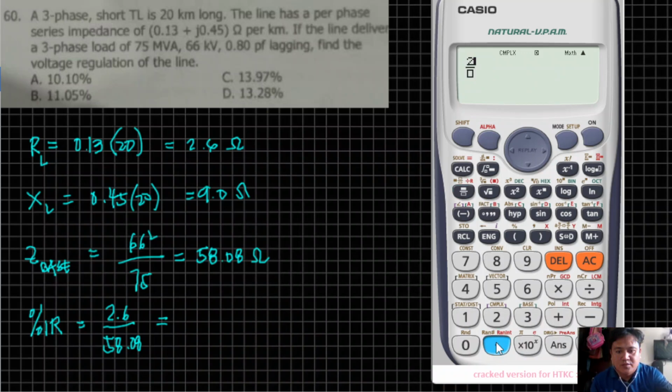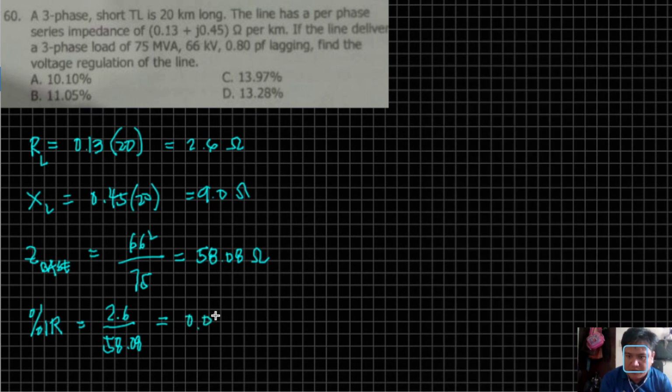So 2.6 over 58.08. So, lagay natin yan sa A. So, 0.045 per unit. Okay, then we're going to get the percent IX equals to 9.0 over 58.08.